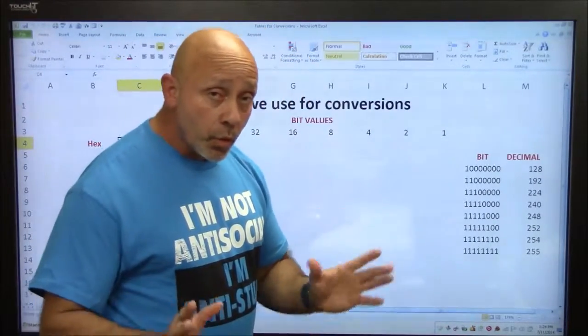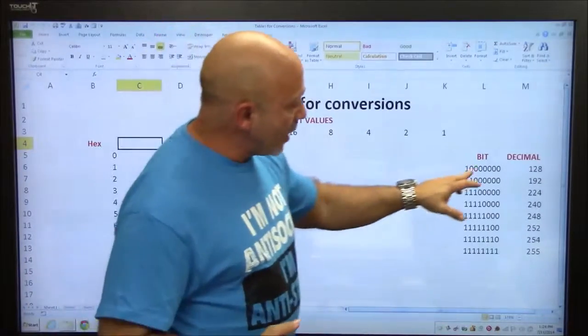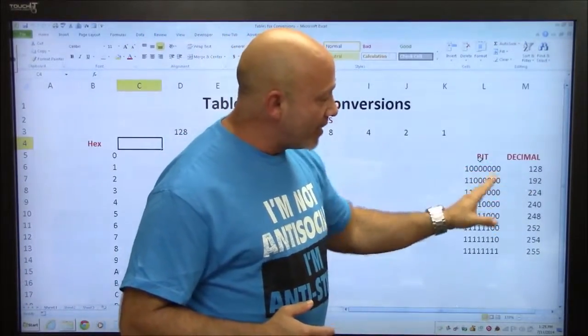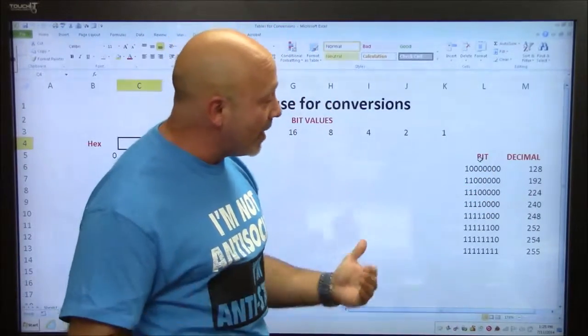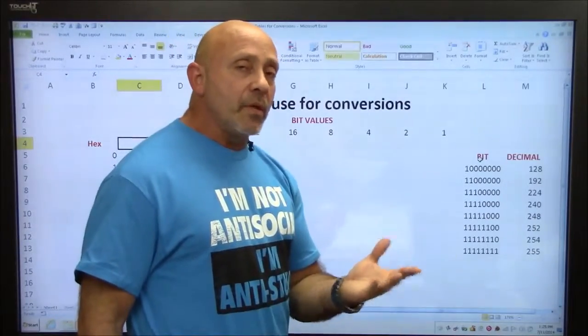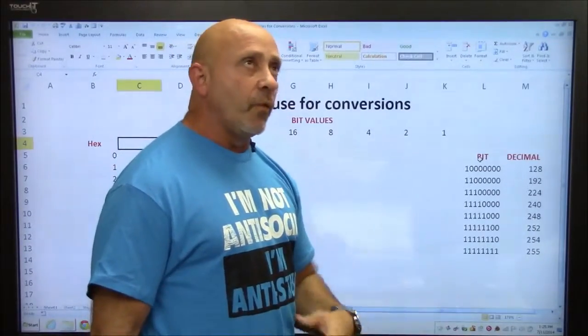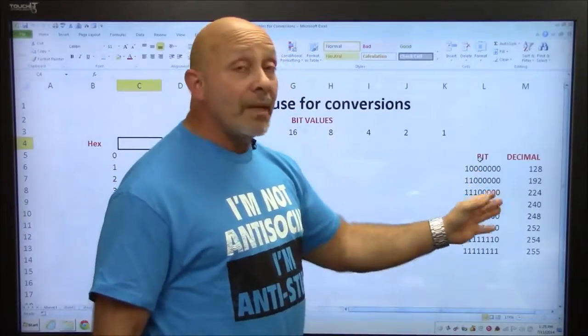One of the things that you really need to memorize is this table right here. I tell everyone, this bit to decimal table is a tremendous lifesaver, because when somebody gives you a CIDR notation, CIDR 24, CIDR 20, whatever it is, this will let you know how many bits in.